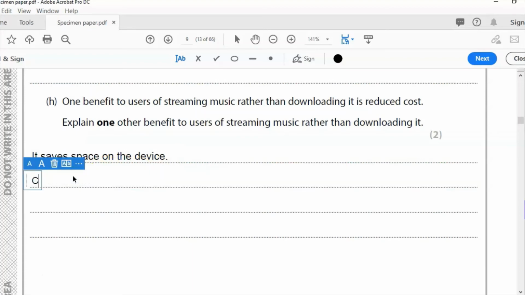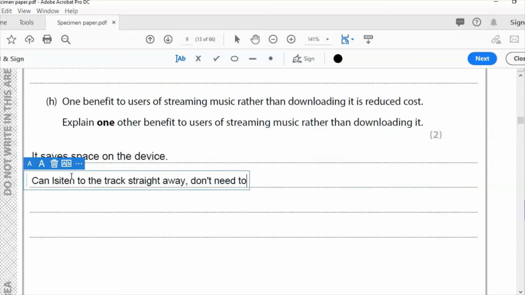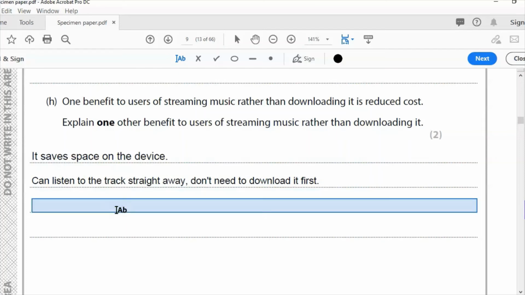You can listen to the track straight away. Don't need to download it first. So if you're out on the go and you can't easily download tracks, you want to listen to some new music, you can just simply stream it because it's available straight away.